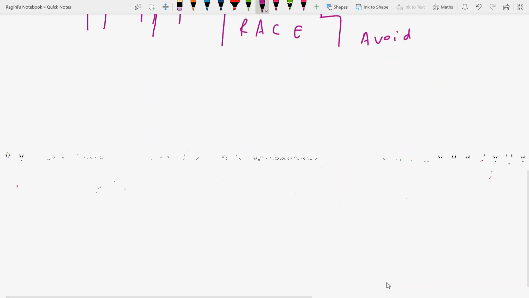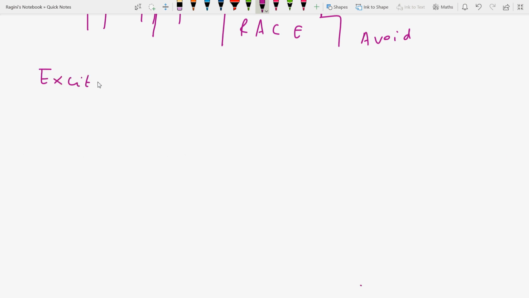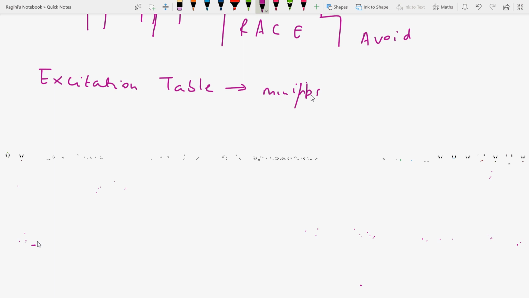The excitation table mainly depends upon the truth table. The excitation table consists of two columns for the present state and next state, and one or two columns for each input. The excitation table gives the minimum number of inputs that are necessary to generate a particular next state, Qn plus 1 or Qt plus 1, when the present state is known.